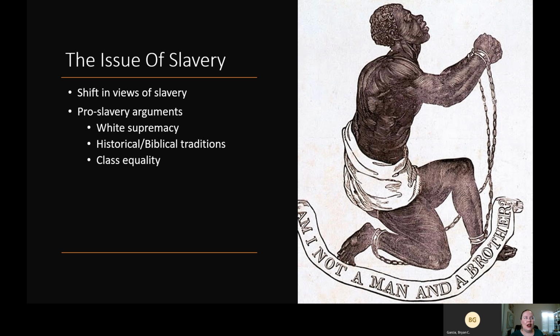And they're like, look, slavery means that white people don't have to work these dirty, low-paying jobs like they do in the North because we just have slaves do that. And so they're arguing that there's a little bit more equality among white people in the South than there is in the North because the slaves do all of this menial labor. So these are some of the arguments that Southerners are floating about slavery at this time.